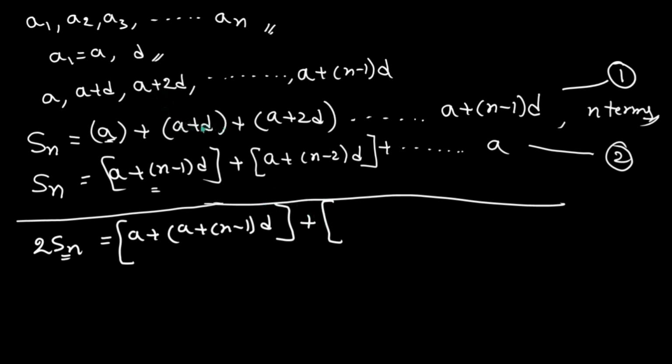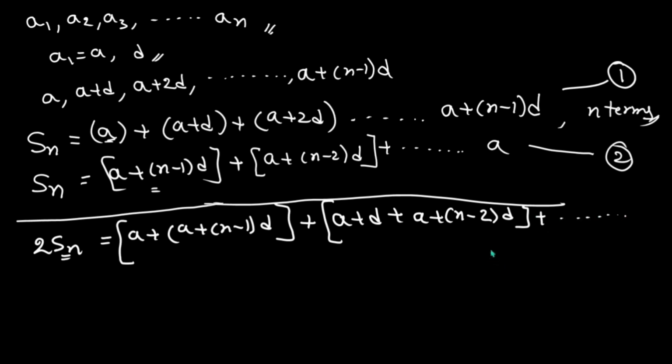Okay. So I will write only one more term here. So here A plus D, and here A plus D plus A plus n minus 2 D, plus and so on.